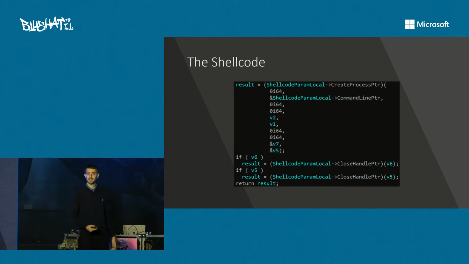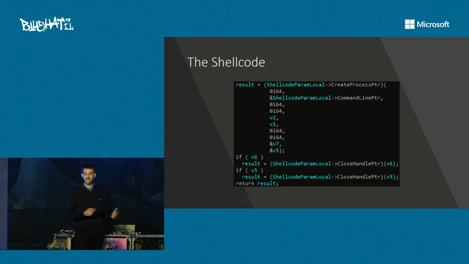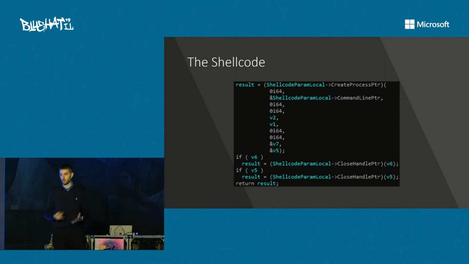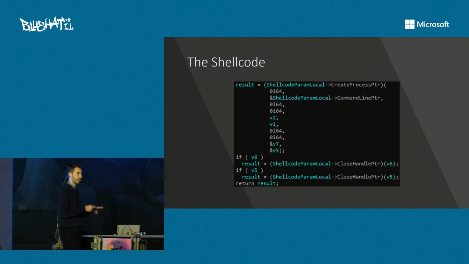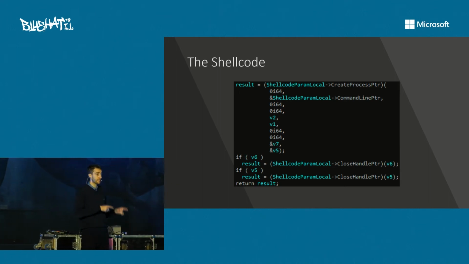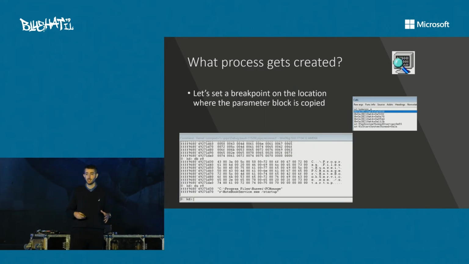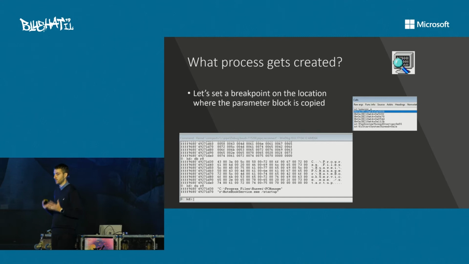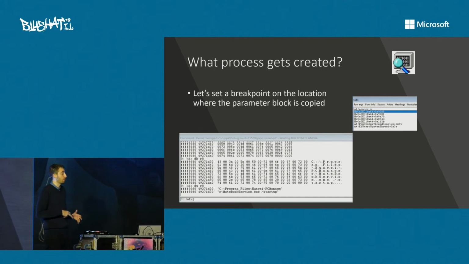Now it's even much more suspicious. I mean, why would the driver inject a generic command line executor into services? So, I mean, what process gets created here normally? I had to find out. So what I did at this point was to attach a WinDBG kernel debugger and set a breakpoint at the location where the memory region was actually populated with the parameter block.